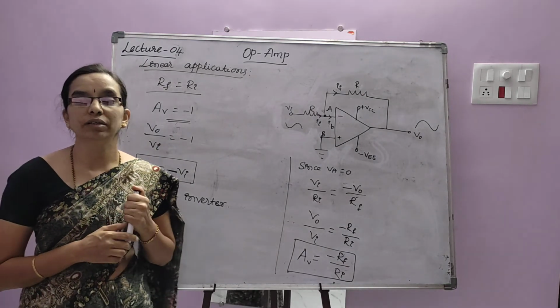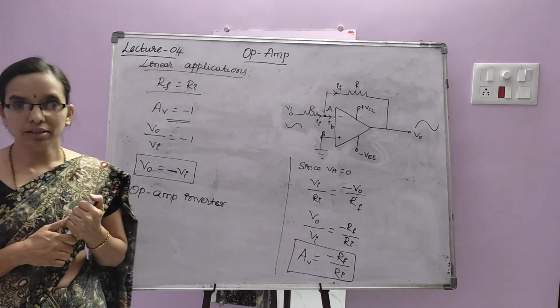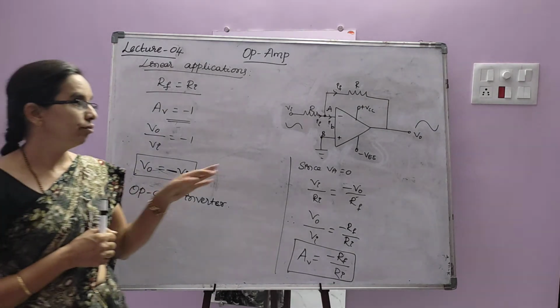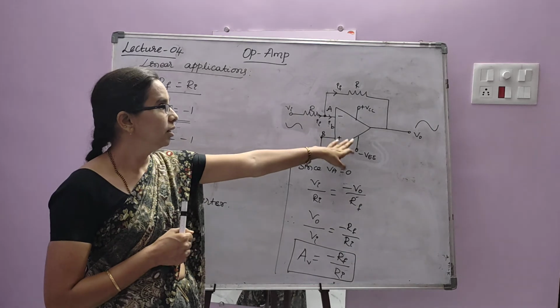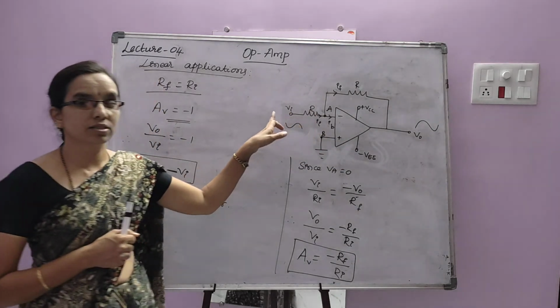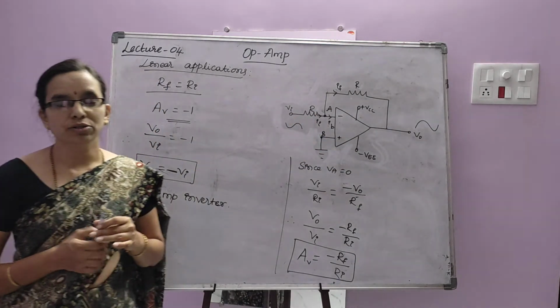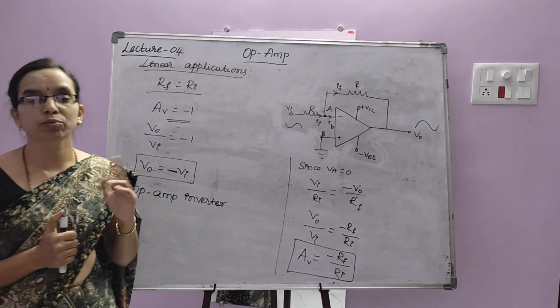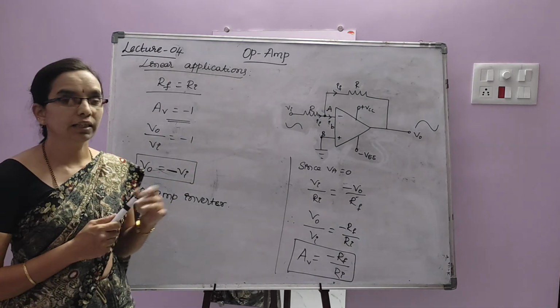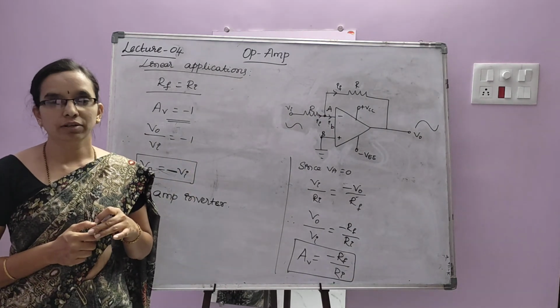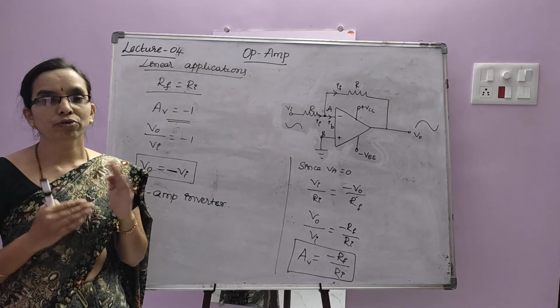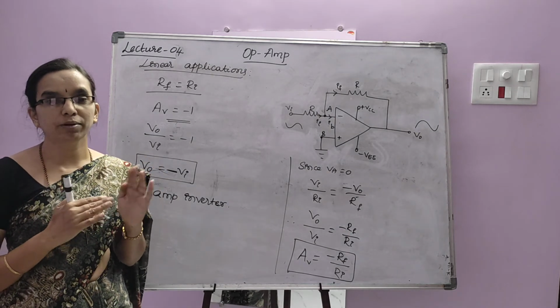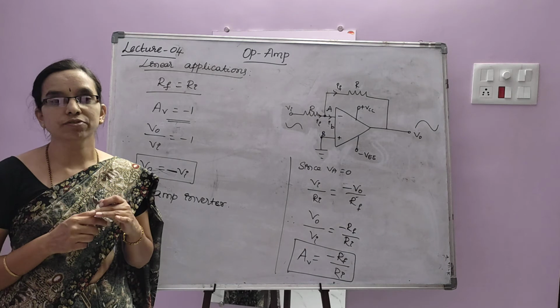An op-amp inverting amplifier can be used as an inverter circuit where the feedback resistance and the input resistance values should be the same. If we connect both as 1 kilo ohm, then it will work as an inverter. So the output follows the input but with a phase reversal.